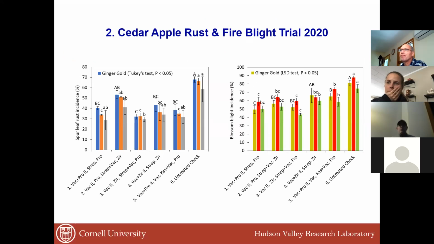It seems to us that we had either a very high inoculum level that overcame the preventive application of these antibiotics, or some other factors have caused this. We are actually still thinking about why these treatments didn't work well in controlling the disease, specifically fire blight. I'm just not sure why this has happened. There's some data that indicate there might be some other factors reducing the effectiveness of antibiotics against fire blight.